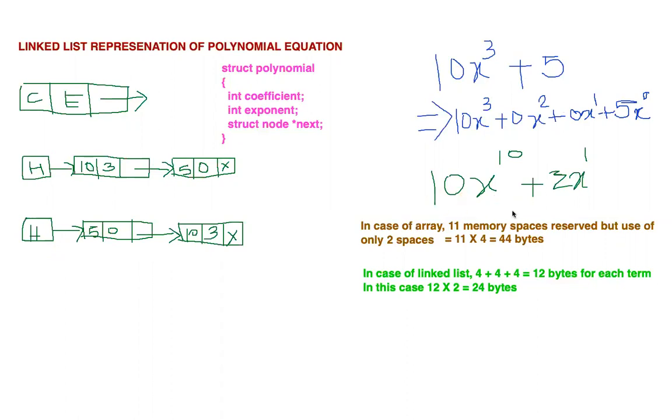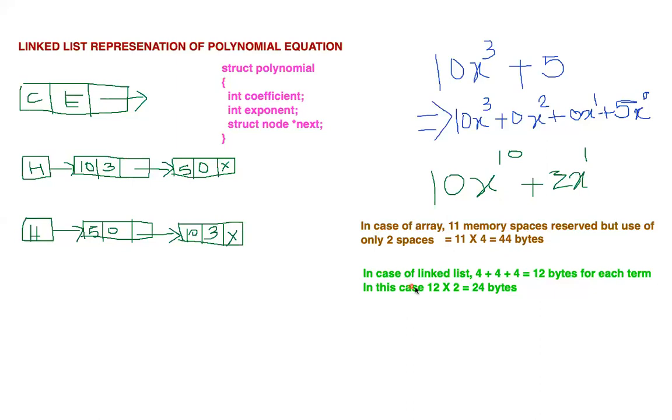Now, if we look at this particular example, 10x to the power 10 plus 2x to the power 1, even if there are only 2 terms, we have to reserve 11 memory spaces in the case of an array, out of which we use only 2 spaces. So the total memory reserved in the case of an array is 44 bytes, out of which we use only 8 bytes.